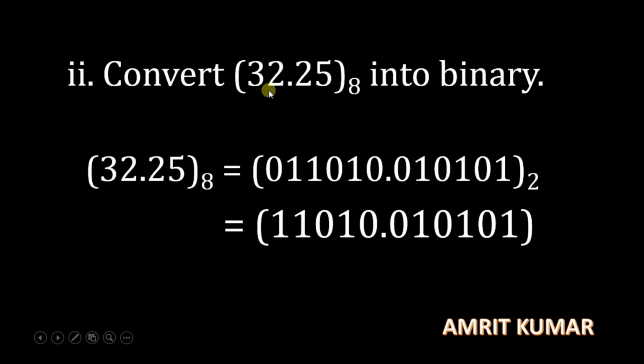So this was the case of the right of the decimal point. Now what about the left of the decimal point? Let's look at how to convert the left of the decimal point.